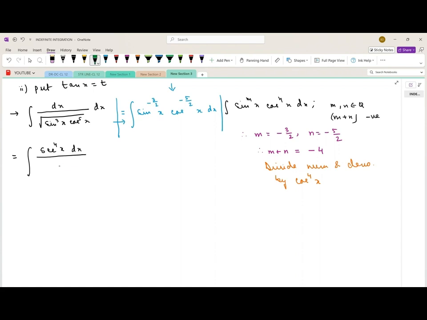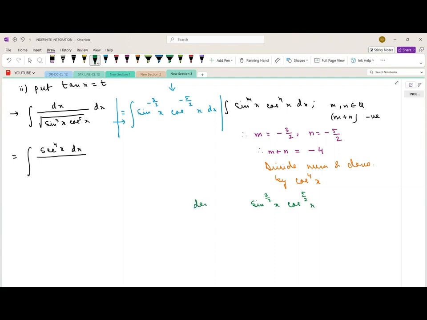Only the denominator part. Now the denominator is sine to the power 3 by 2 x into cos to the power 5 by 2 x.